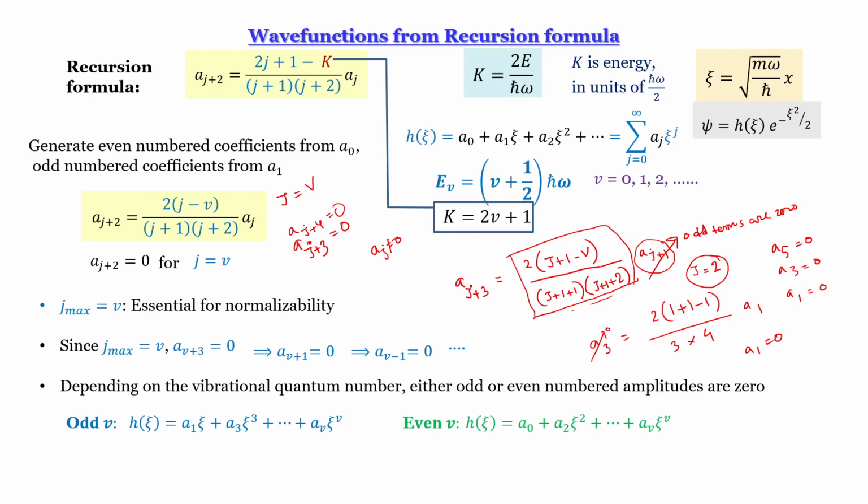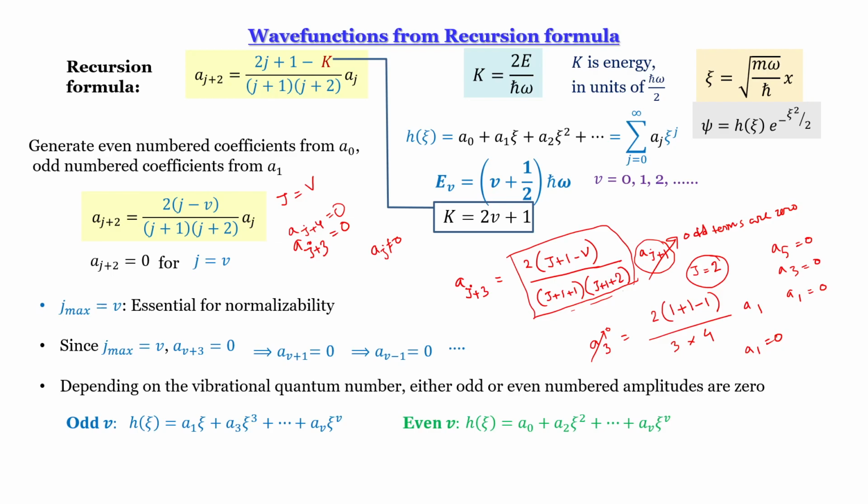But by the same logic, let's say if now we are saying that j max is 0. J max is not 0, right? I have done some mistake here. I think the j is 1. What you are saying is j plus 3 is 0, so j plus 1 is 0, correct?